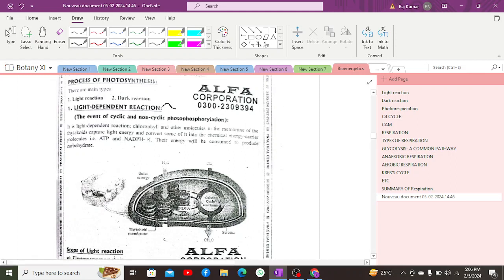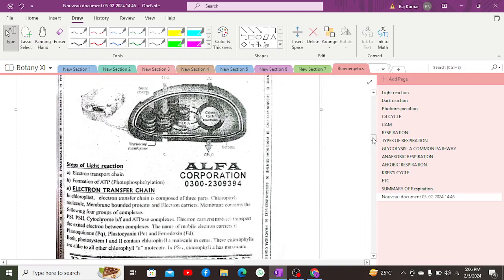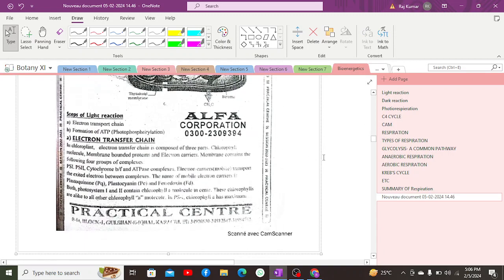In the light dependent reaction, chlorophyll and other molecules present in the membrane of the thylakoid carry light energy and convert some of it into the energy carrier molecules ATP and NADPH, whose energy will be consumed to produce carbohydrate.